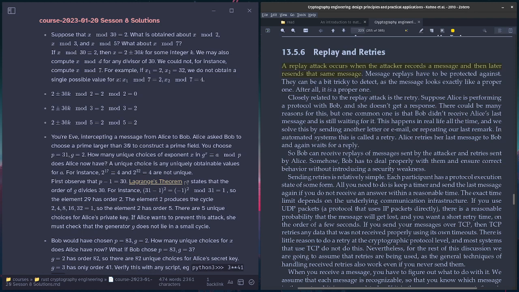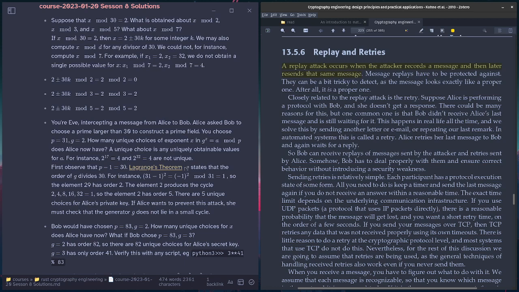Because 2, 3, and 5 all divide 30, we can simply reduce x mod 30 to x mod 2, 3, or 5, as we do on these bullet points here.